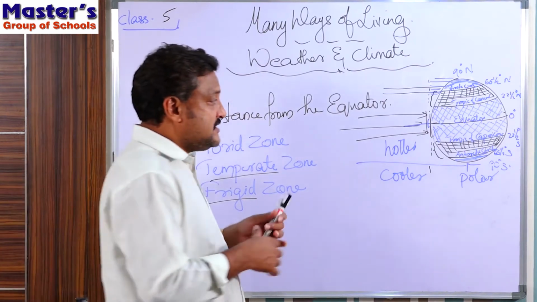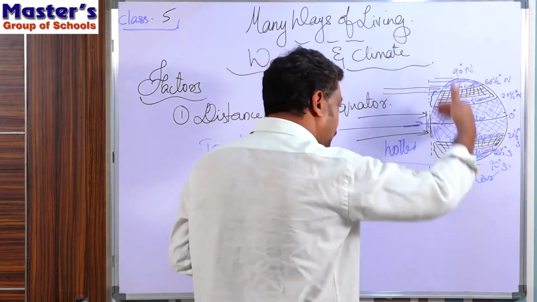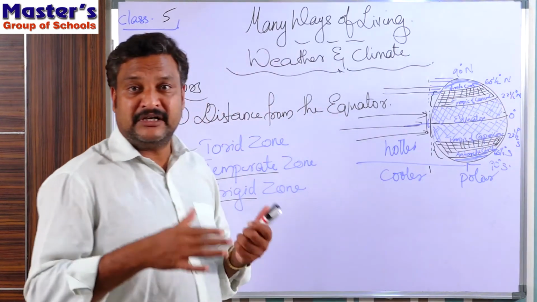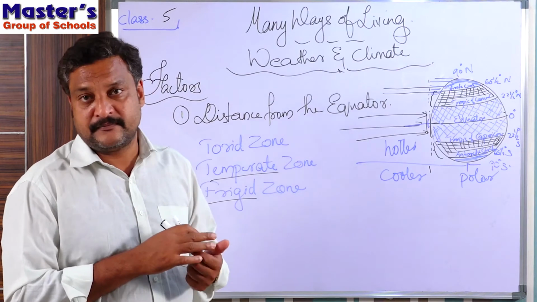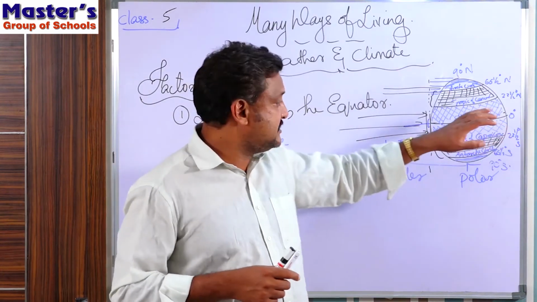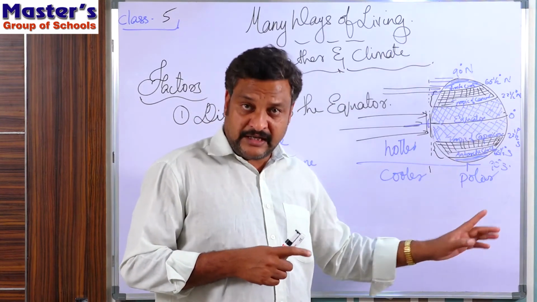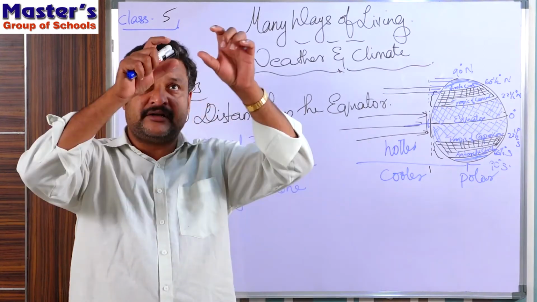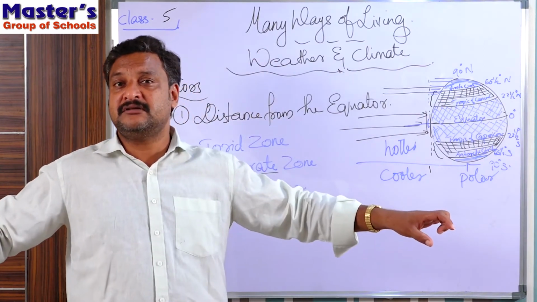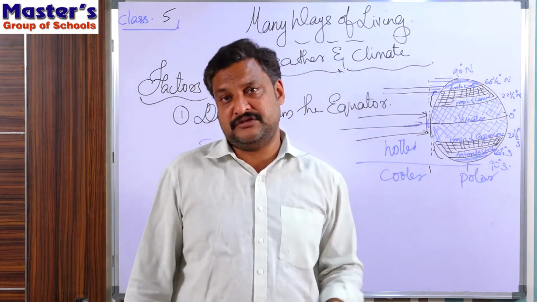See, as we travel away from the equator, either north or south, the climate changes, isn't it? Yeah, it's very hot along the equator, and as we move north or south, the intensity of the heat decreases and it becomes very cold by the time we reach the polar regions.